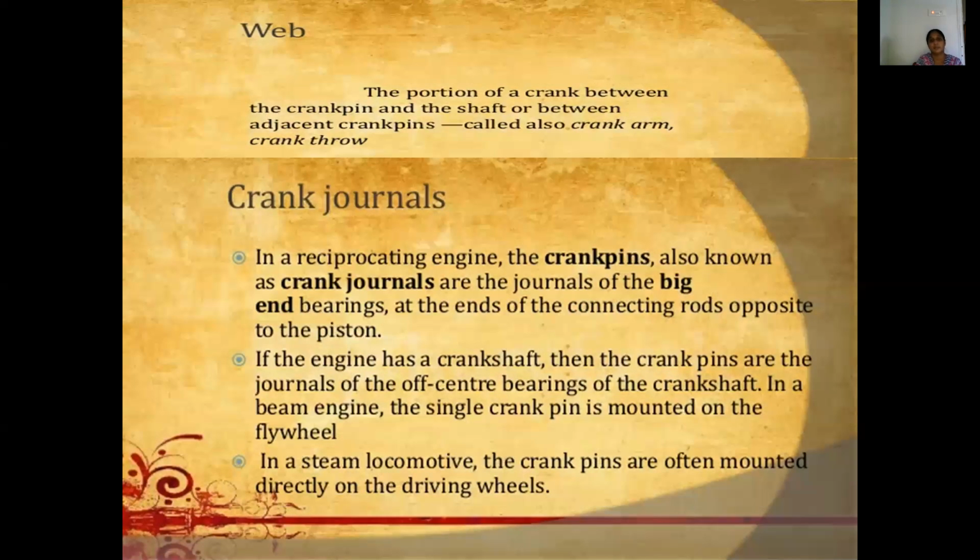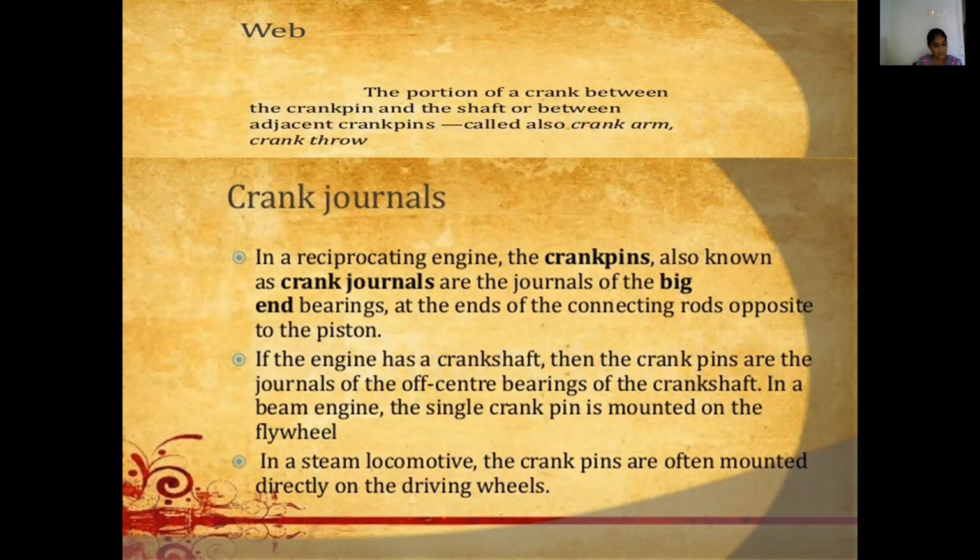Web is nothing but the portion of a crank between the crankpin and the shaft, or between adjacent crankpins, called also crank arm or crank throat. Okay, next crank journals. In a reciprocating engine, the crank pins, also known as crank journals, are the journals of the big end bearings at the ends of connecting rods opposite to the piston.